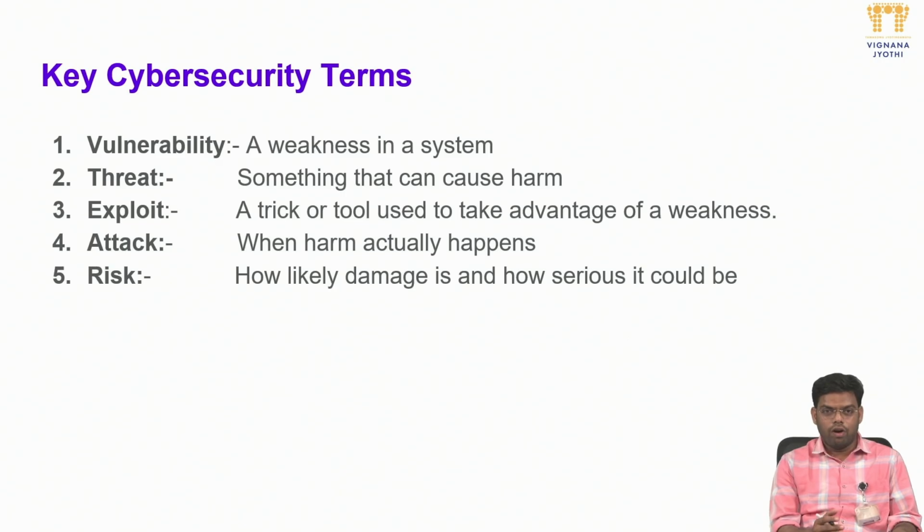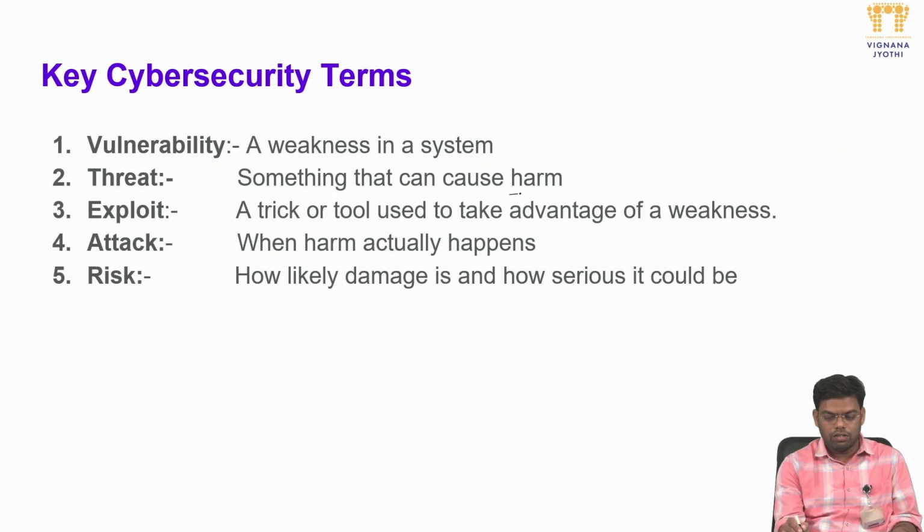Right. So we have already understood about vulnerability. What is vulnerability? Vulnerability is a weakness, a flaw, or an error in the system. Next is threat. What do you mean by threat? Threat is something that can cause harm.